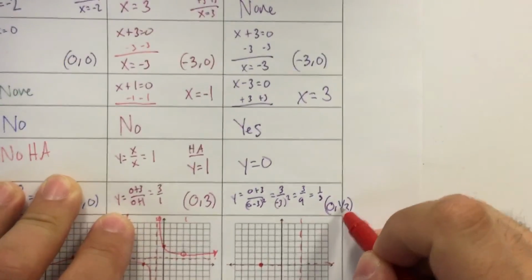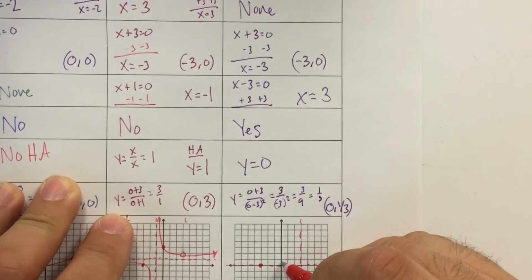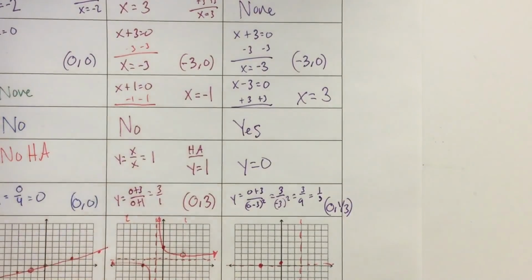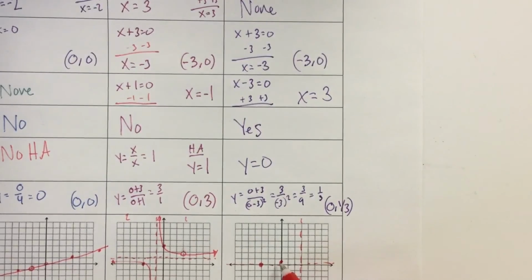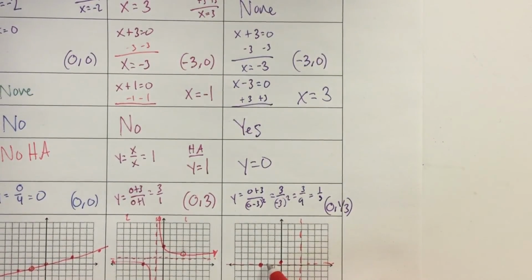And we have a y-intercept at 0, 1/3. Now, this part is interesting. And I'll tell you why in a sec. So first off, I do have 2 points. So since this point is here, I know that my graph goes like this.